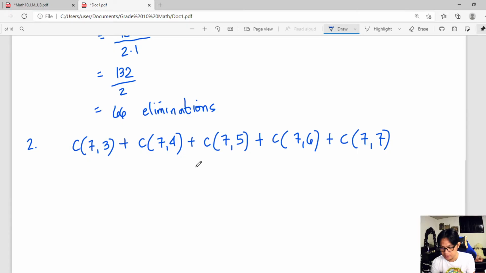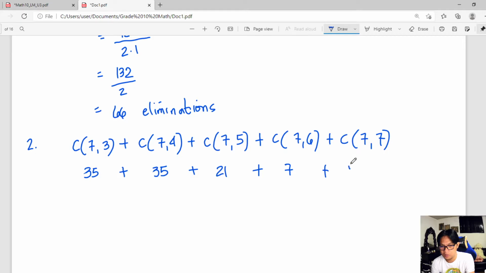We have combination of 7 taken 3 at a time is equal to 35, plus combination of 7 taken 4 at a time, in your calculator press 7 tas combination 4, so that's 35, plus combination of 7 taken 5 at a time, so that is 21, plus combination of 7 taken 6 at a time, so that is 7, and combination of 7 taken 7 at a time, that is 1.